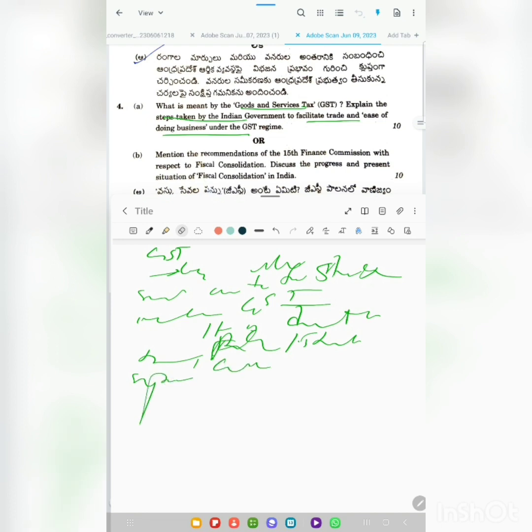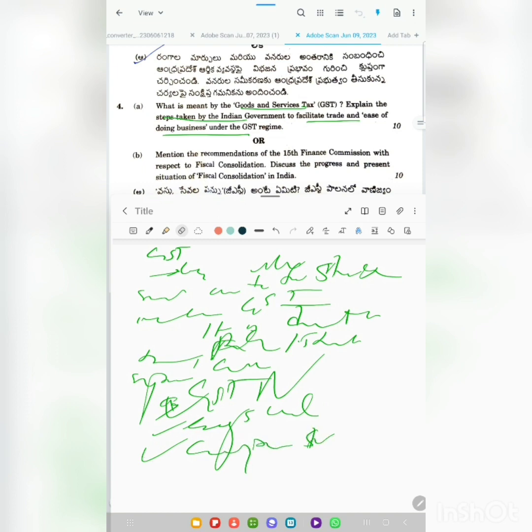Then I wrote, explain the steps taken by government to facilitate trade and ease of doing business. I immediately started with the GSTN network, okay, in order to ease regulatory proceedings, and the e-way bill system. Next, the composition scheme to ensure maximum penetration of GST.